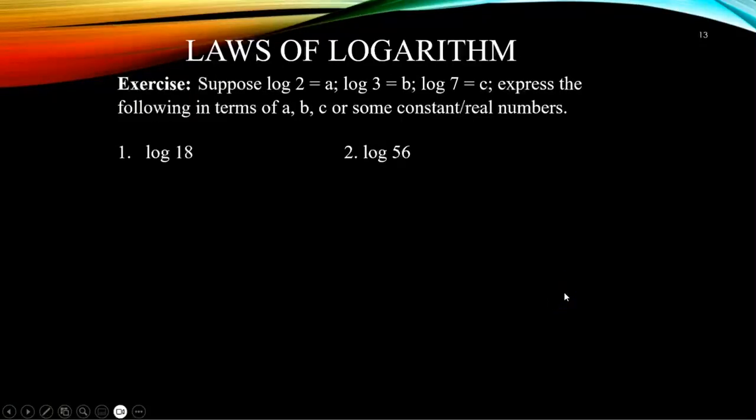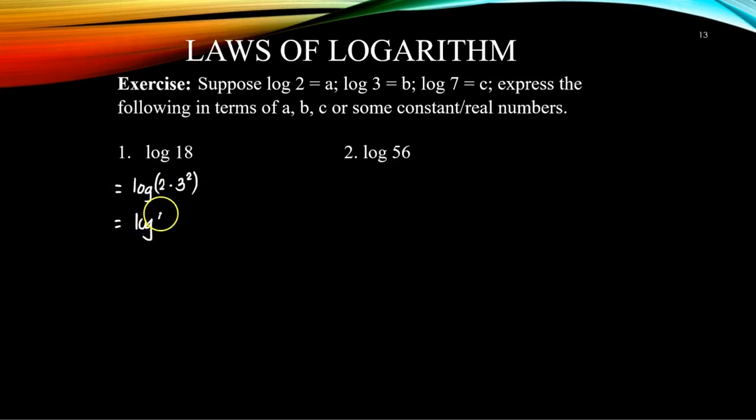So let's try this one. Suppose logarithm of 2 is equal to a, logarithm of 3 is b, and logarithm of 7 is c. Express the following in terms of a, b, and c. Okay, so logarithm of 18: 18 is 2 times 3 squared, right? 9 times 2 is 18. Therefore, I can use the properties of logarithm.